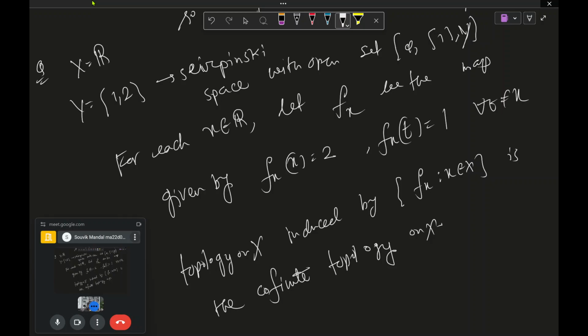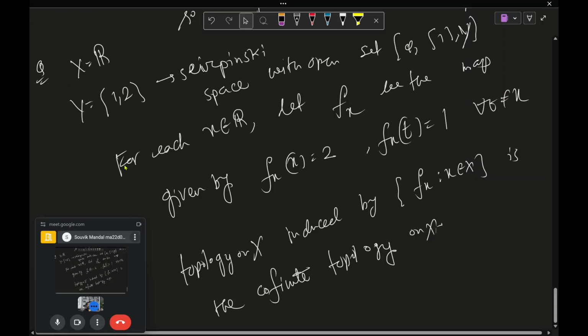So basically we have some X, we have some Y, the Sierpinski space, with open sets.